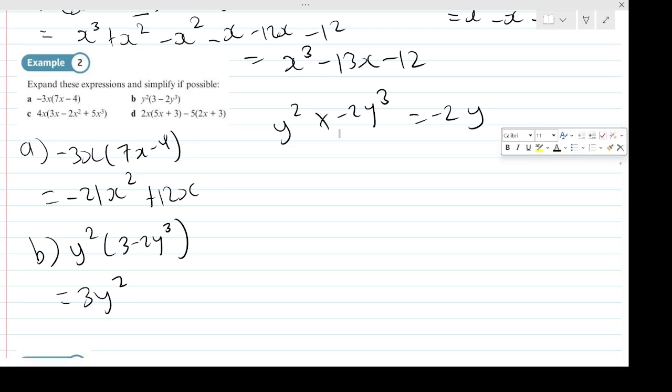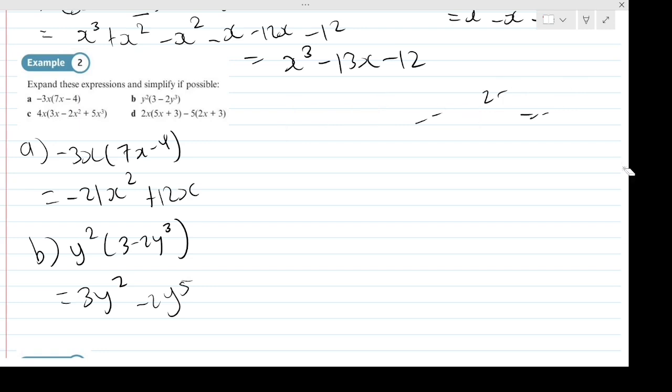You add them. Okay, so y squared times y cubed is y to the 2 add 3. Now that will go to minus 2, y to the 5. Okay, so make sure you're confident on that.